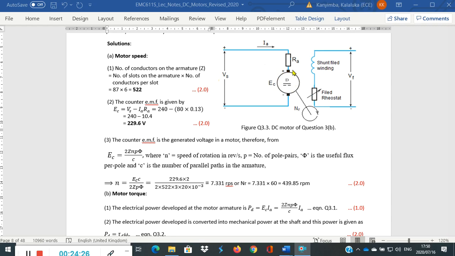The generated voltage when the motor is running. But before we talk about that, let's talk about the field winding. The field winding has got its own supply. Let's call it VF. And the coil represents the shunt field winding or the separately excited field winding.